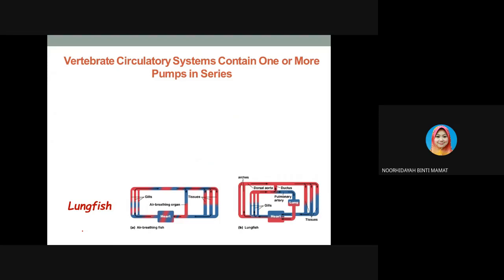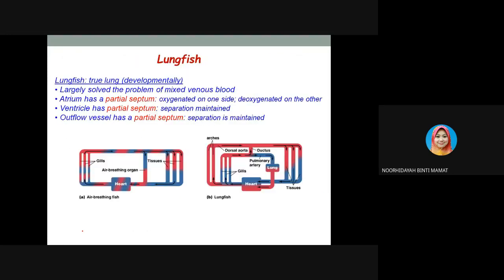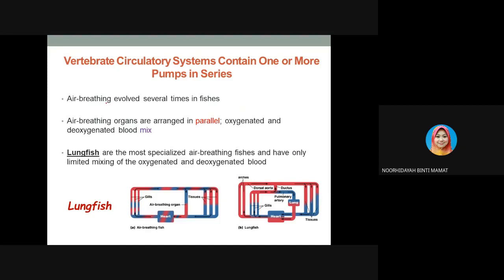Okay, so vertebrate circulatory systems contain one or more pumps in series. Air breathing evolved several times in fishes. Air breathing organs are arranged in parallel, so the oxygenated and deoxygenated bloods are mixed together.